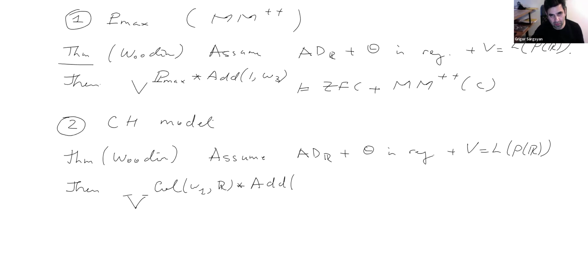In the first model, the MM model, theta is omega-3, so we add a club subset to omega-3. In the second one, theta will be omega-2, so we will add a club subset to omega-2. So add one club subset to omega-2, and this will force CH plus an aleph-1 dense ideal on omega-1.